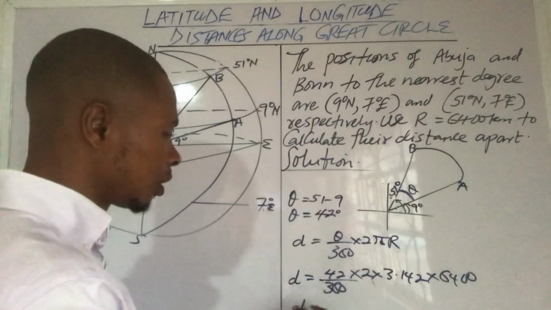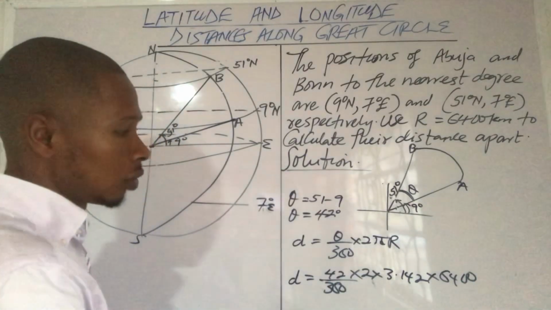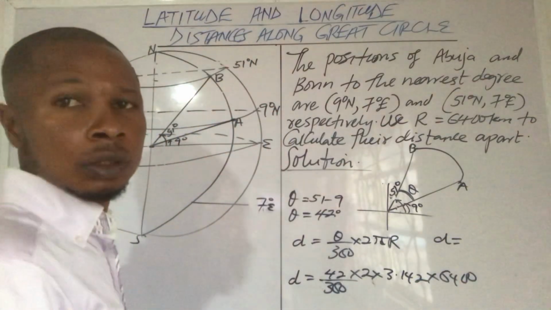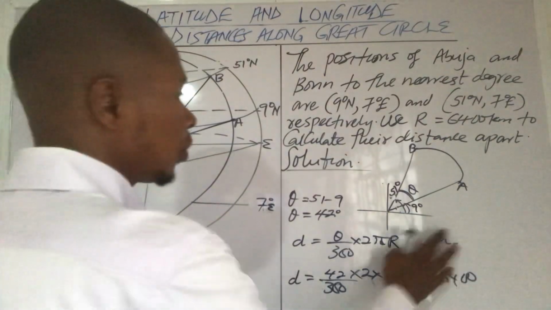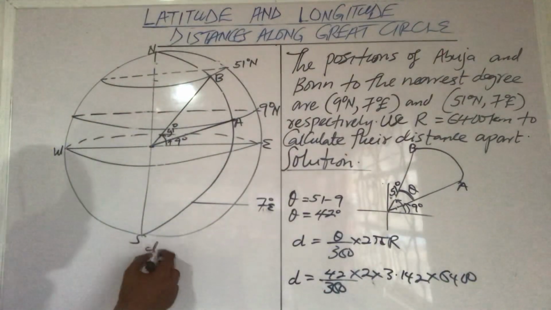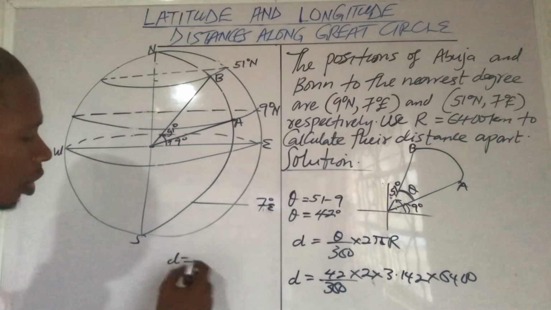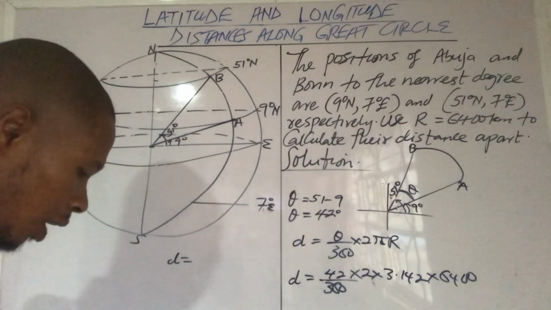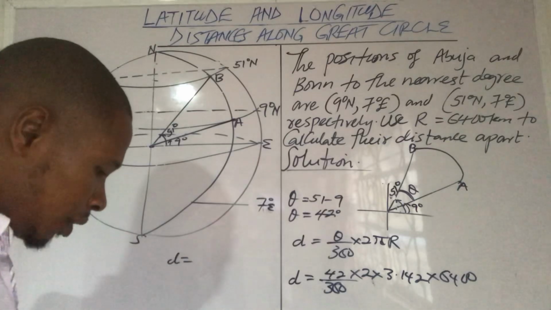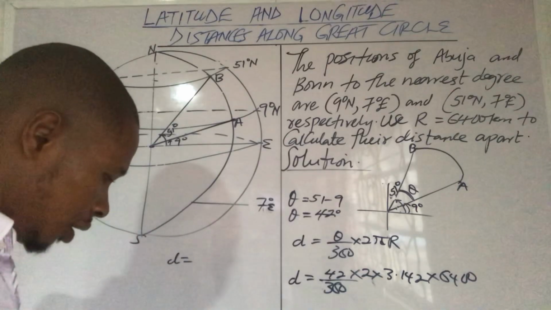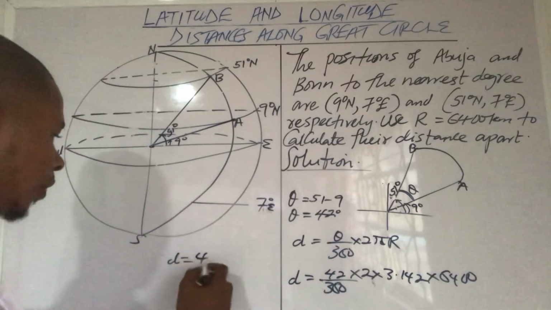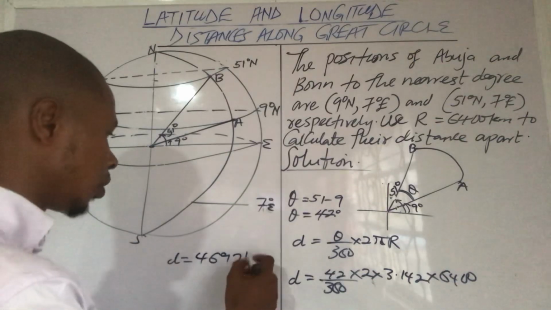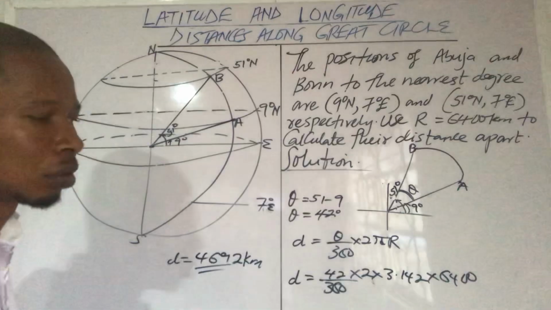If I multiply everything now, my distance D will be equal to 42 times 2 times 3.142 times 6400 divided by 360. So that will give me 1692 kilometers.